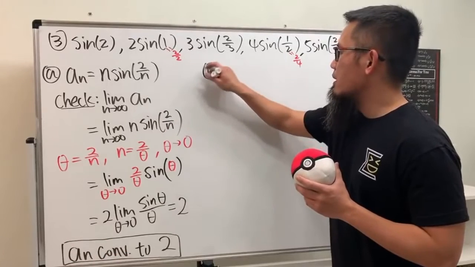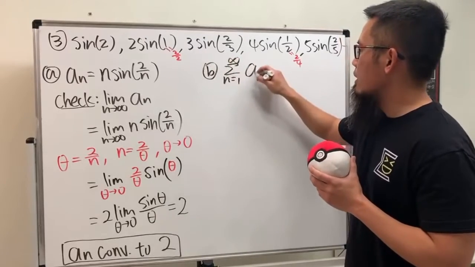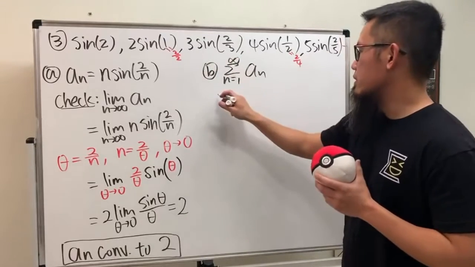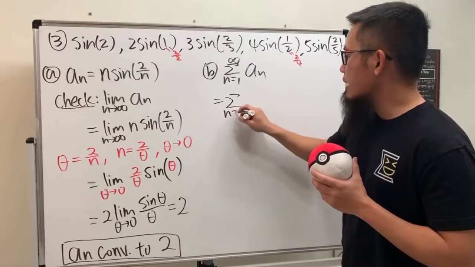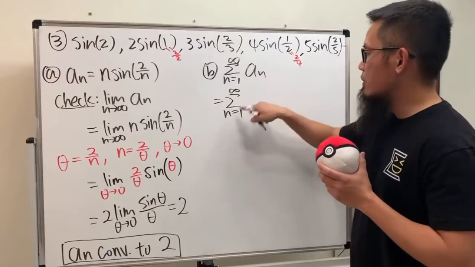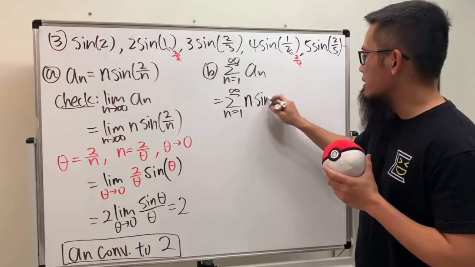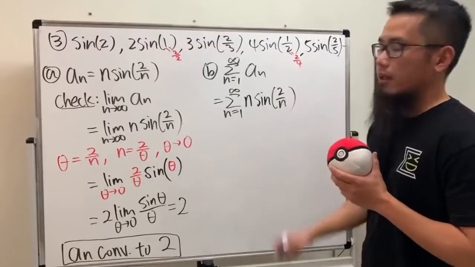For part B, again, does the series as n goes from 1 to infinity of an converge or not? Well, I'm just going to write this down. Most likely, later on you will see the question being asked like this, right? The series, and then they will just put down the formula n times sine of 2 over n.